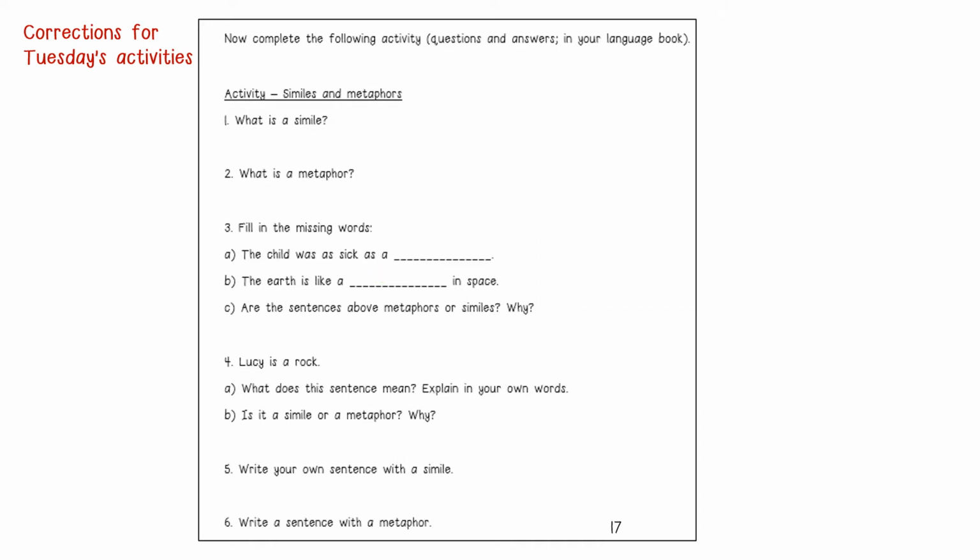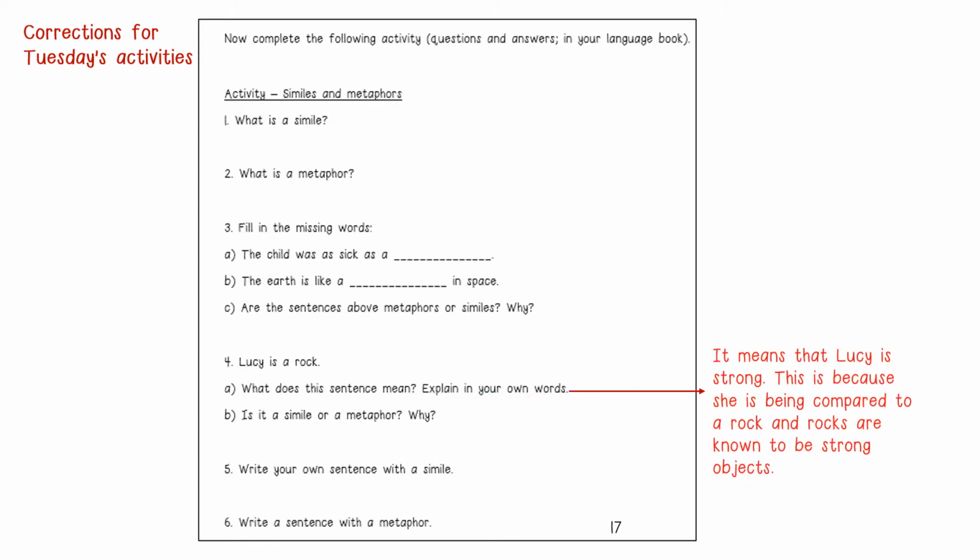Number 4. Lucy is a rock. A. What does the sentence mean? Explain in your own words. And your answer is, it means that Lucy is strong. This is because she is being compared to a rock, and rocks are known to be strong objects.